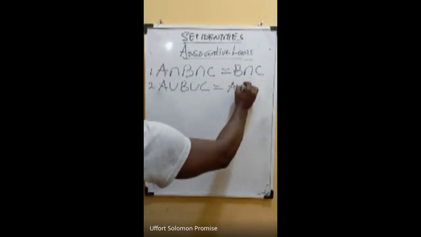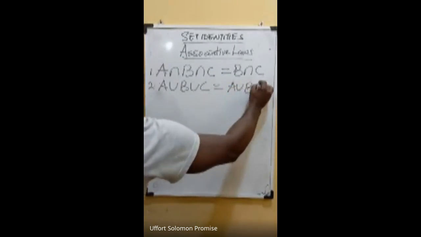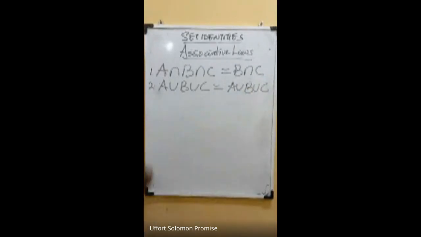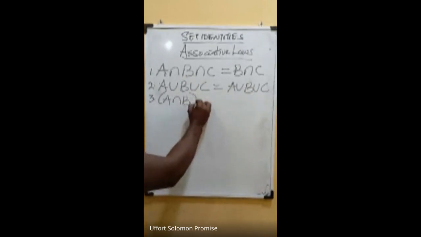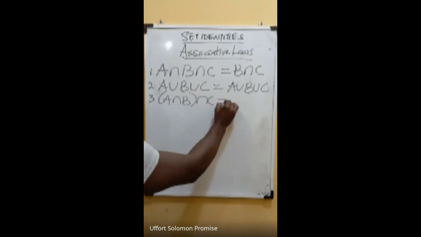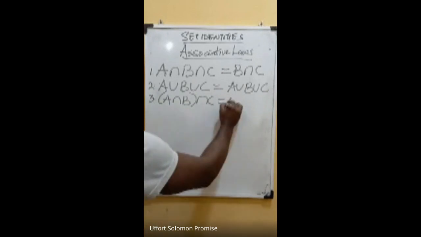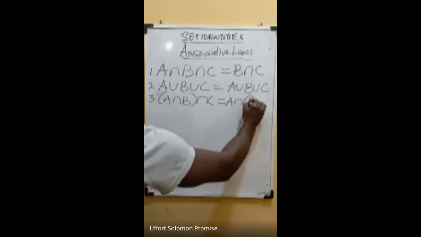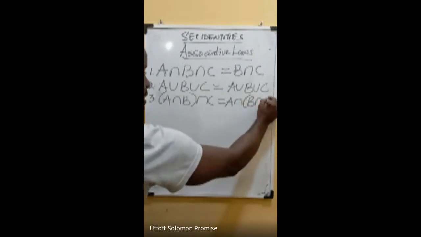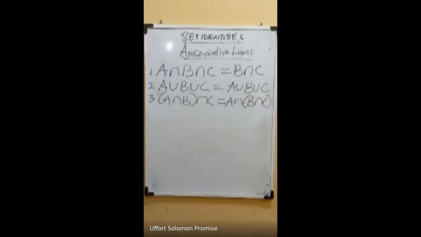A union B union C. Then it has the third one. The third one says A intersection B in bracket intersection C is actually equal to A intersection B intersection C in brackets. Those are associative laws.